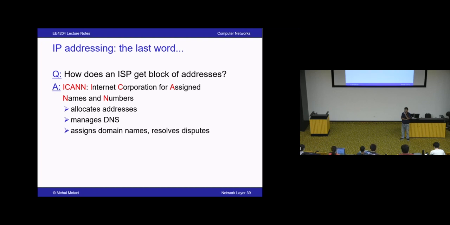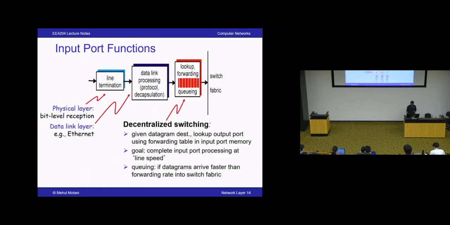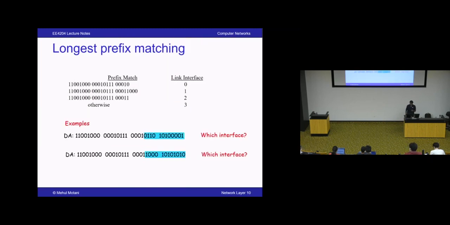For the network interface, it doesn't matter, because routing is done by longest prefix matching. The forwarding table already has the prefixes. Remember, if you go back to here, this right here is my router.